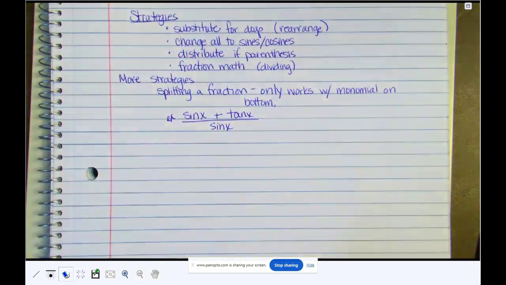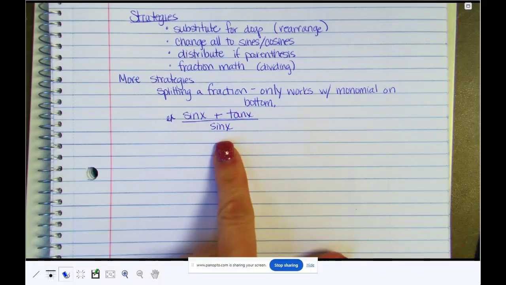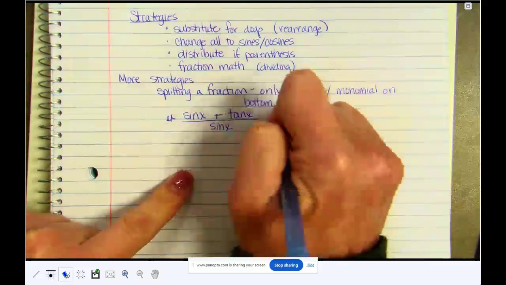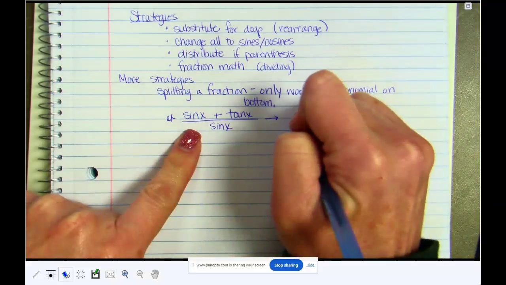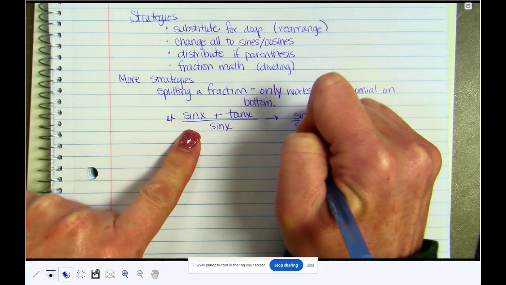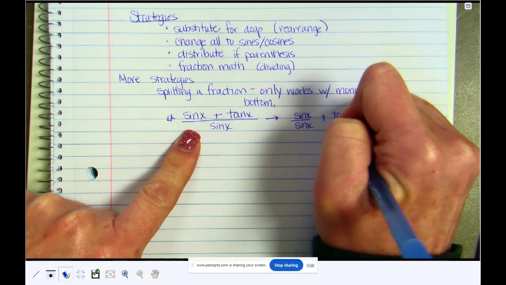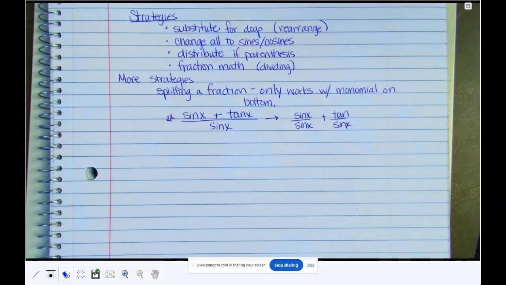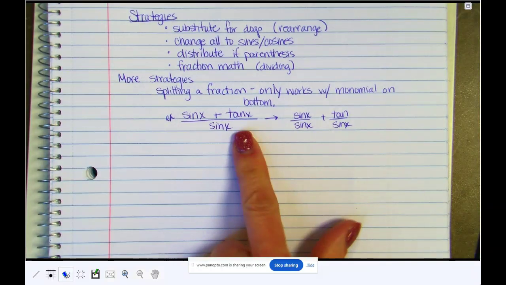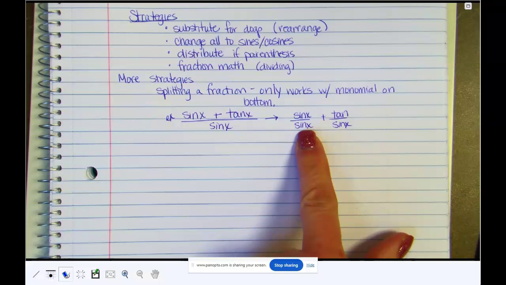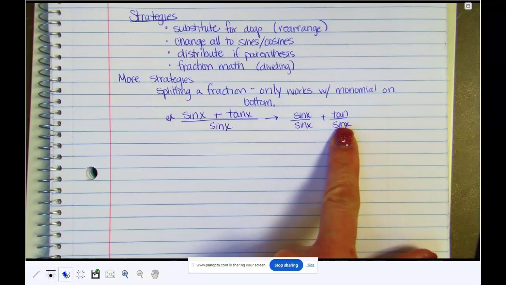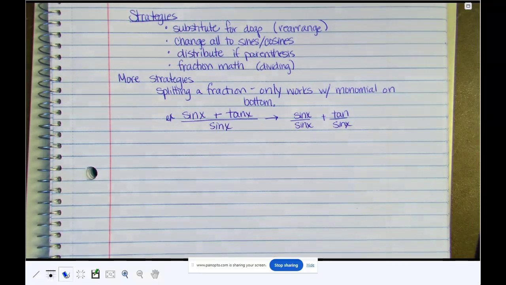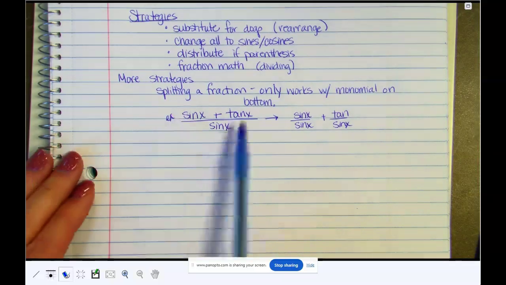When you have this fraction with one term on the bottom, you are allowed to split this up into two separate fractions. They both have to have the same denominator, though. That gives you more things you can do. I can't really do a lot with what's there. When I split them up, I can say, oh, this is 1. And then I could flip this. I could turn this to sines and cosines and do some other things, which we're not going to do because this is not a proof right now. But this is a legal move.